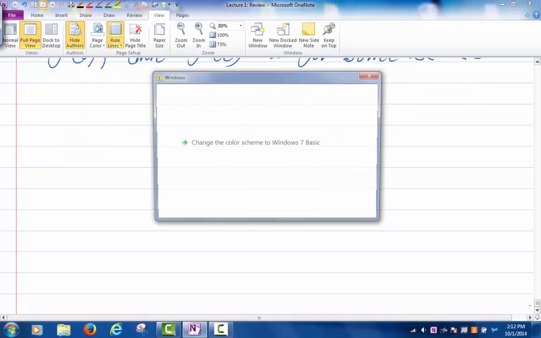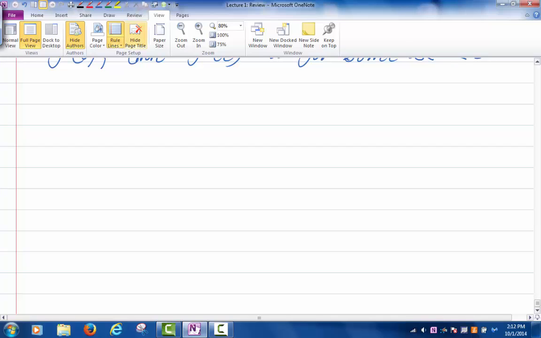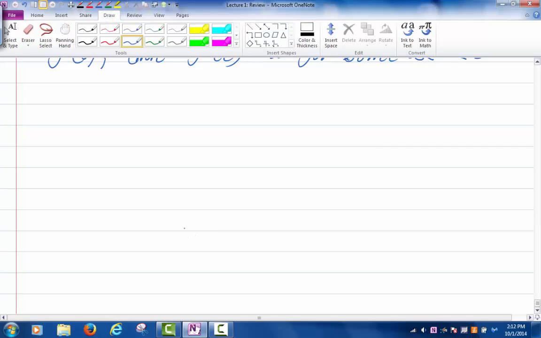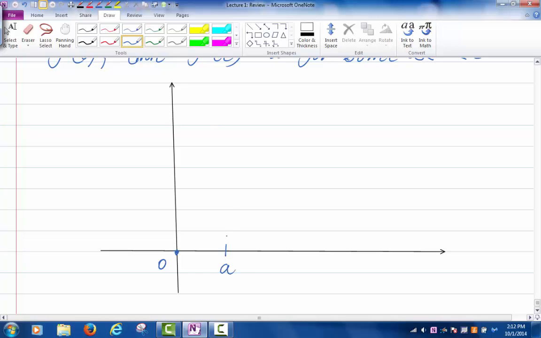So here's a graphical example. Let's say I have my x-axis here, my y-axis here. Okay, here's the origin right here. Let's say the number a is right here, and let's say the value of the function at a is f of a.